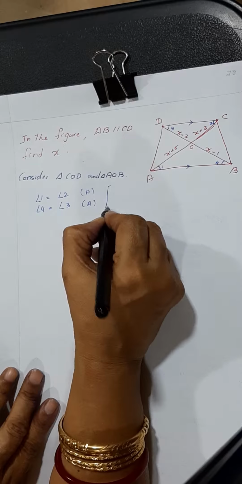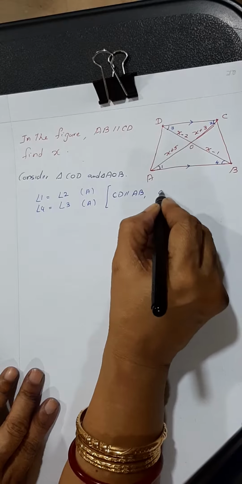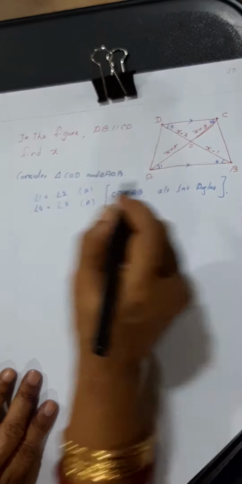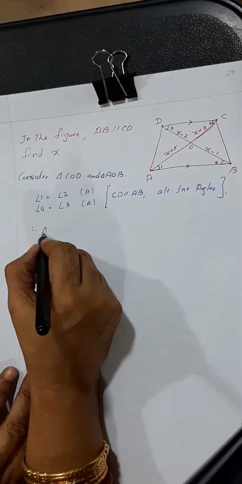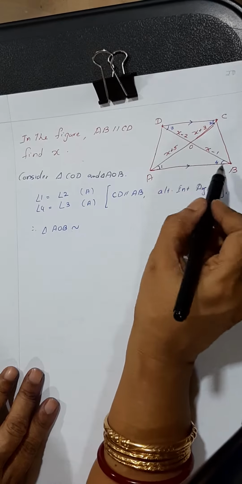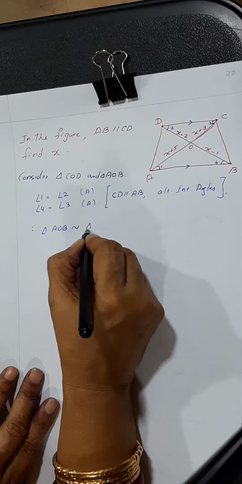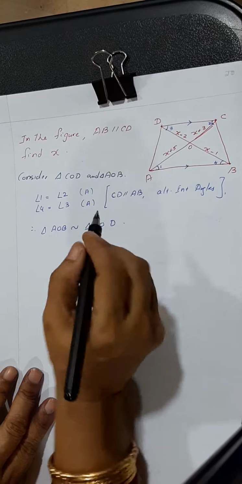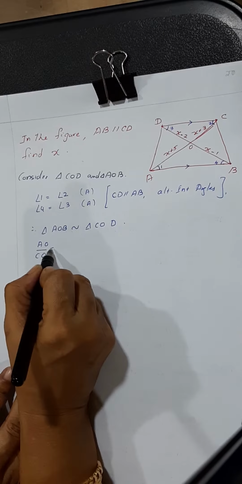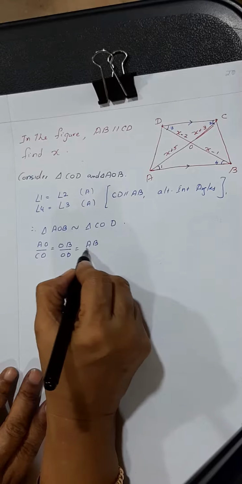The reason is CD is parallel to AB, alternate interior angles are equal. So we can say triangle AOB is similar to triangle COD. From this we can write AO by CO is equal to OB by OD is equal to AB by CD.